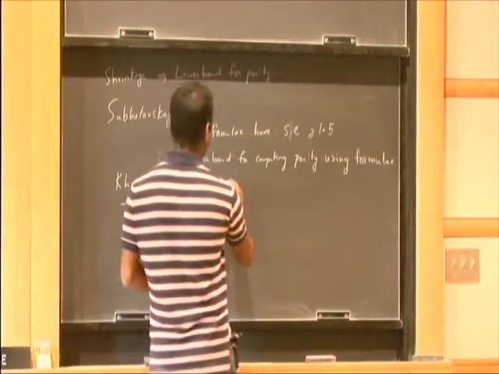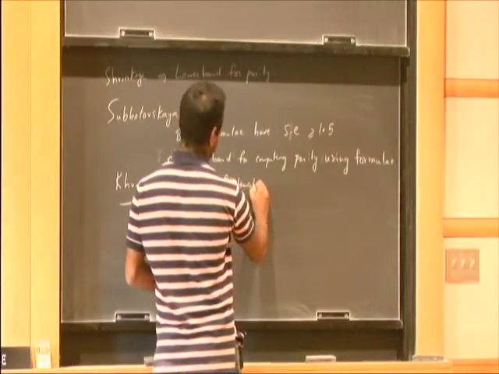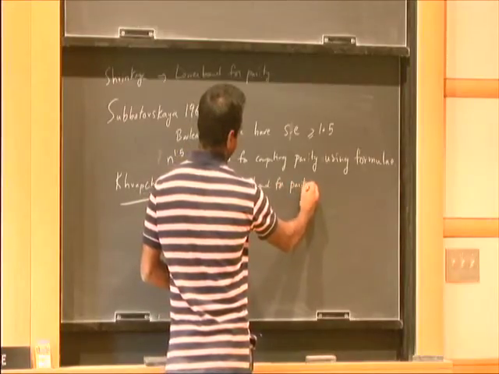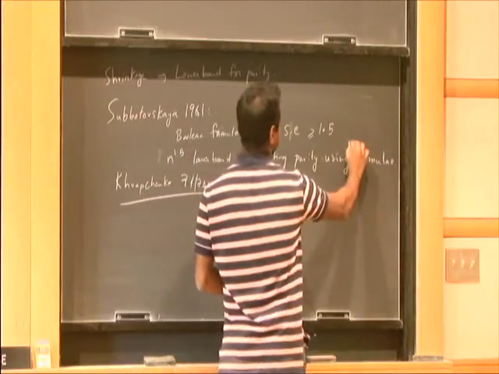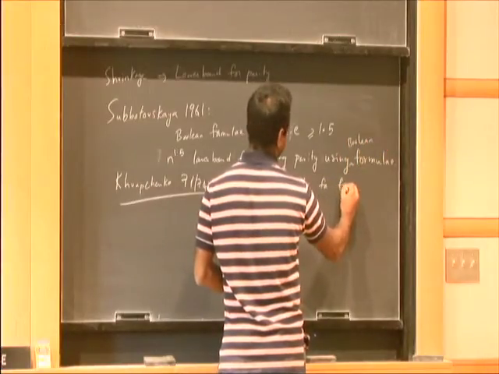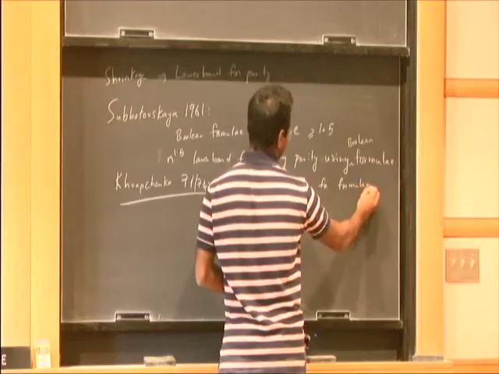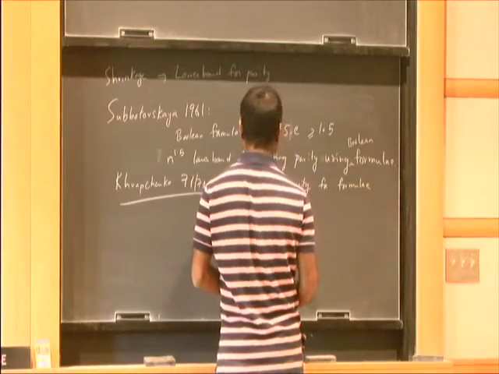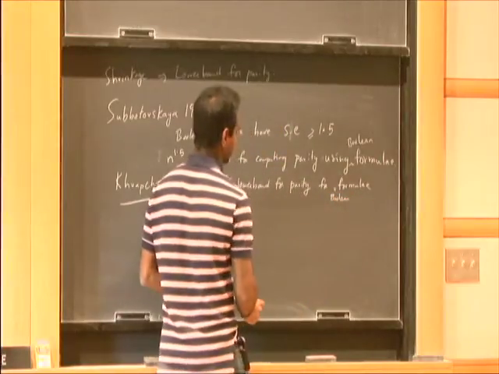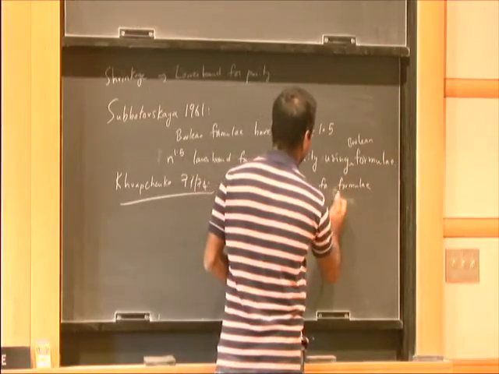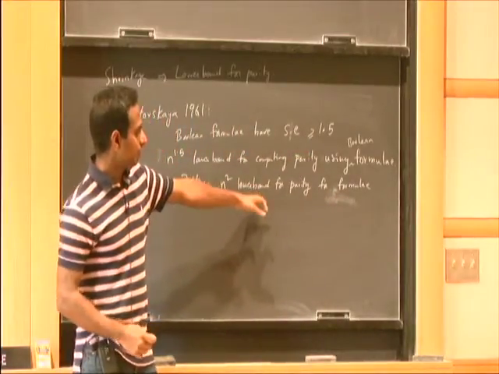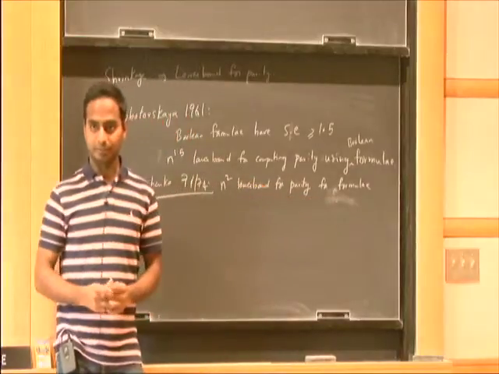He showed an n squared lower bound for parity for formulae. So an n squared size lower bound for computing parity using formulae.